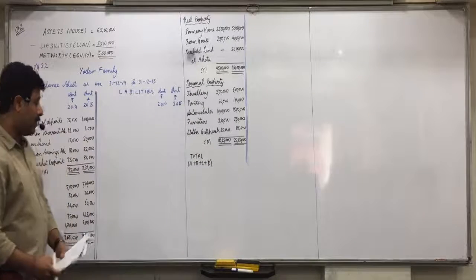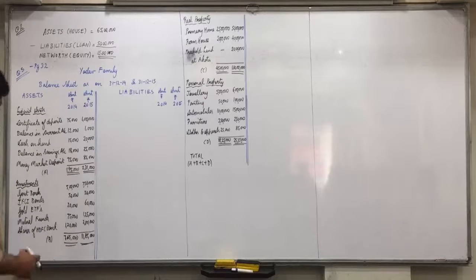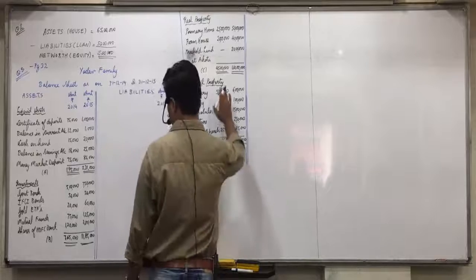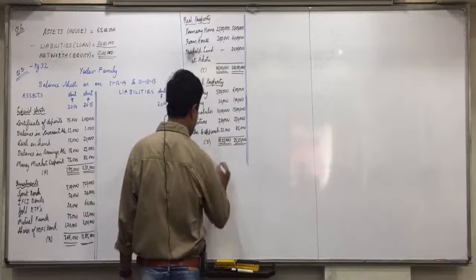Total assets will be A, B, C, D. So 195 and 760, so that is 960. 960 plus 45 lakhs, 5460 and 7285.